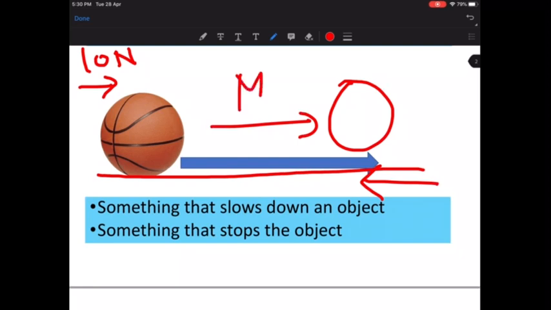If the ball's motion is in this direction, then the opposite force will be in this direction. So this force will always try to stop the ball. Correct? This opposite force which is acting on the ball, which is provided by the ground, is known as frictional force or friction. Okay? So this friction will always try to stop the ball.